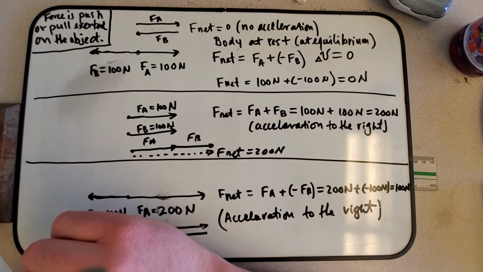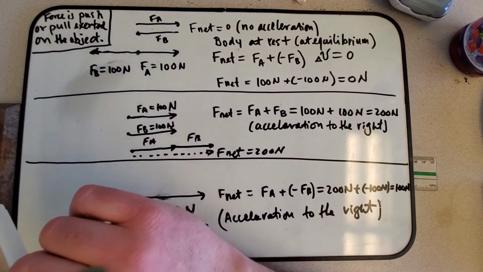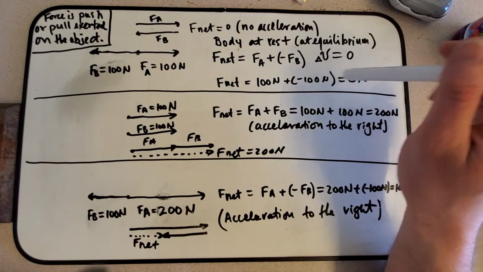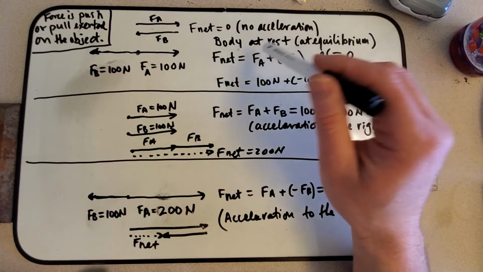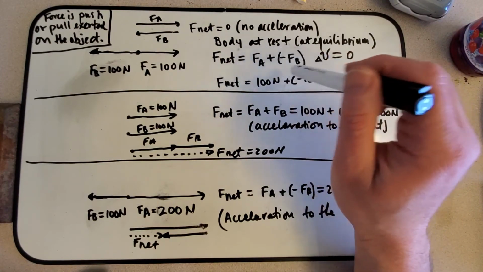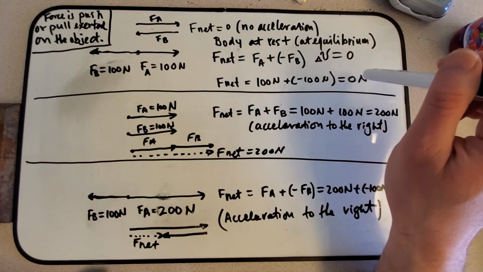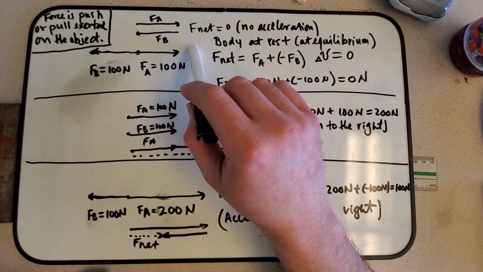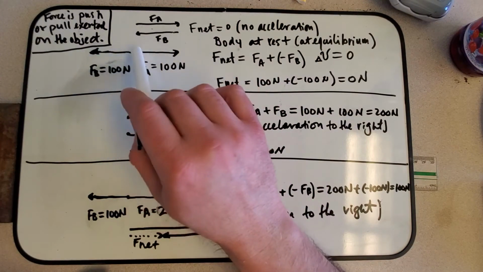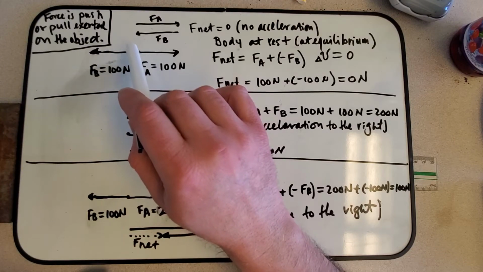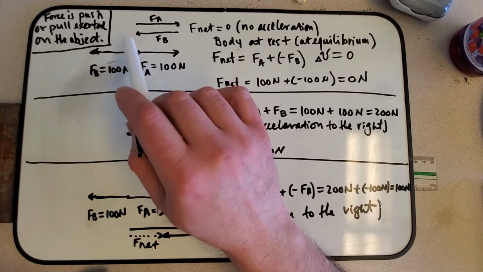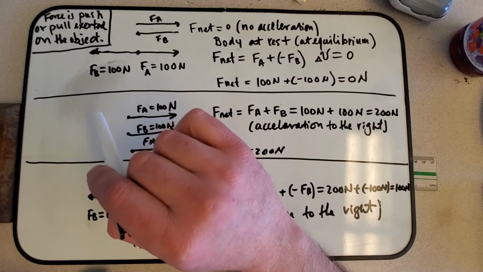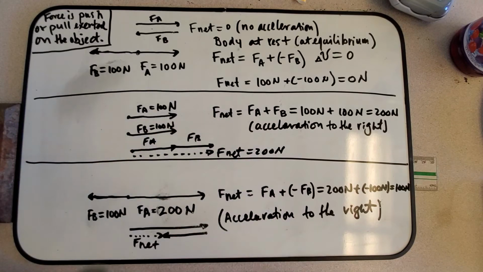I put one below the other, substituted the numbers for each vector, included the sign, and I got the net force that is 0. So when one person is pulling with 100 newtons and the other is pulling in the opposite direction, the object is not moving anywhere. The body is at rest, in equilibrium. There is no change in velocity, the acceleration is 0, and so the net force is 0.